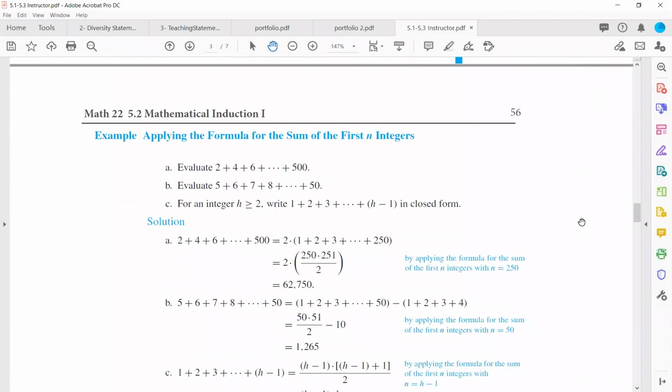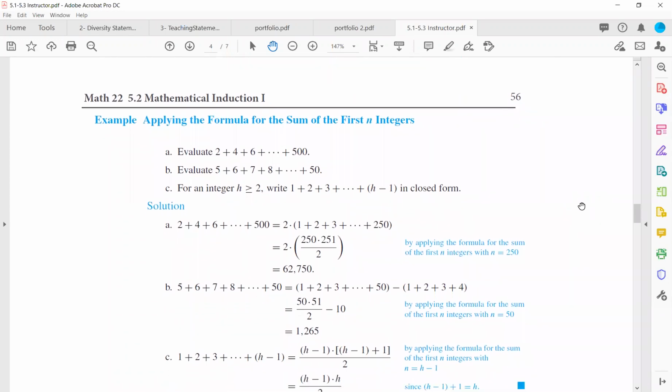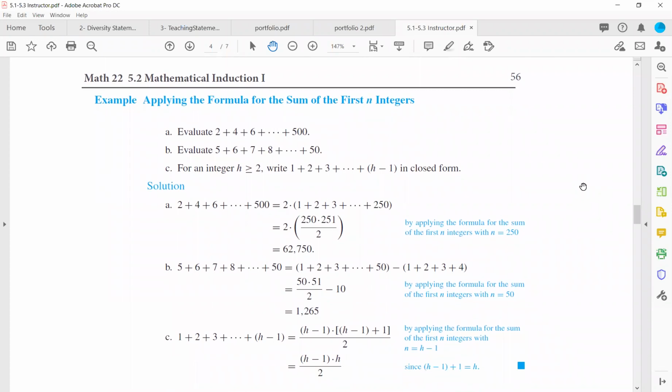Another example. Apply the formula for the sum of the first n integers. Very well. So the first part says, what's the sum of 2, 4, 6 up to 500? All of these numbers have factor 2. So let us factor out 2, and then we have 1 plus 2 plus 3 up to 250. So our n is equal to 250.